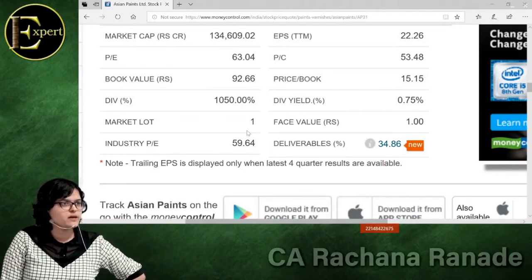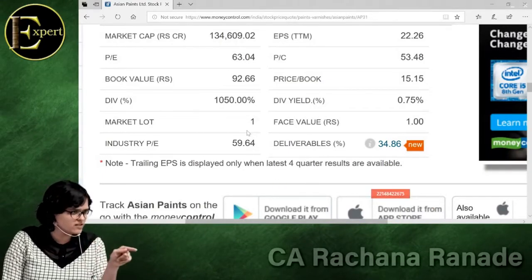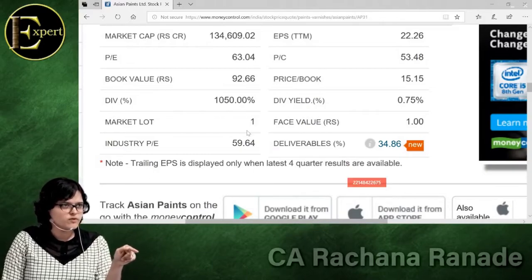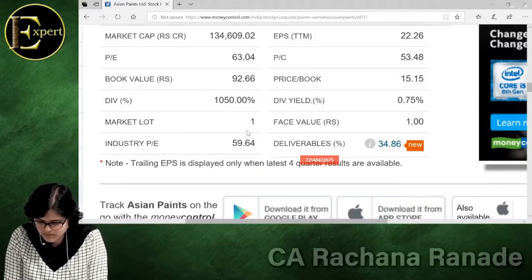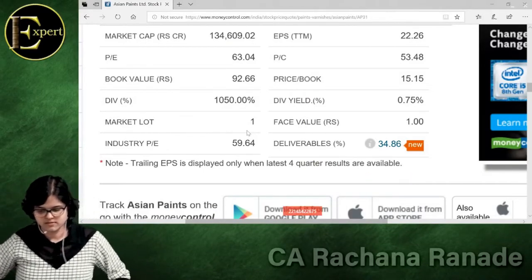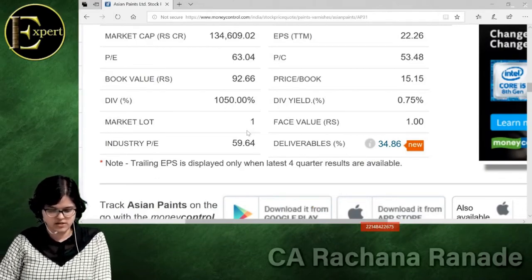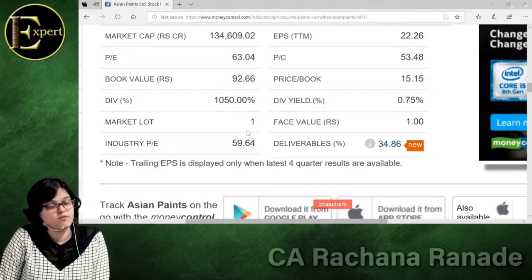Why we should buy? Because ideally it is cheaper. Have you written this word? It is cheaper or no? No. We have not written right now, right? So write down. This is because we are getting the share at a cheaper price, or at a cheaper valuation is a better word.